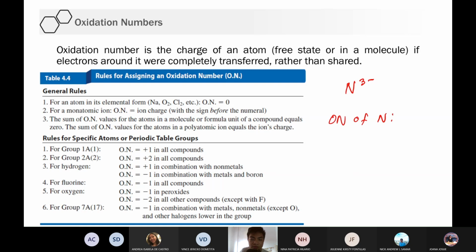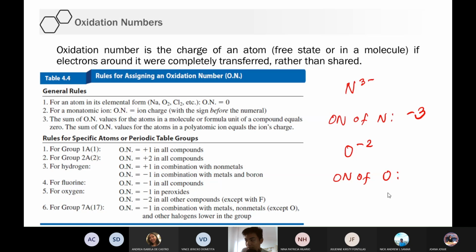Comment kayo sa chat box natin para malaman kung gising tayo. So the oxidation number of nitrogen is -3 for nitride ion.